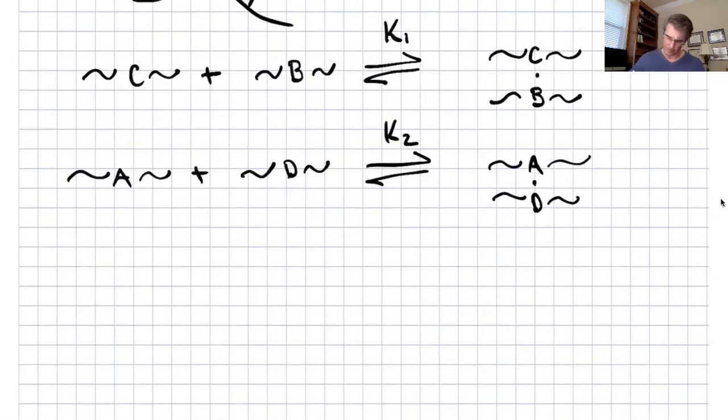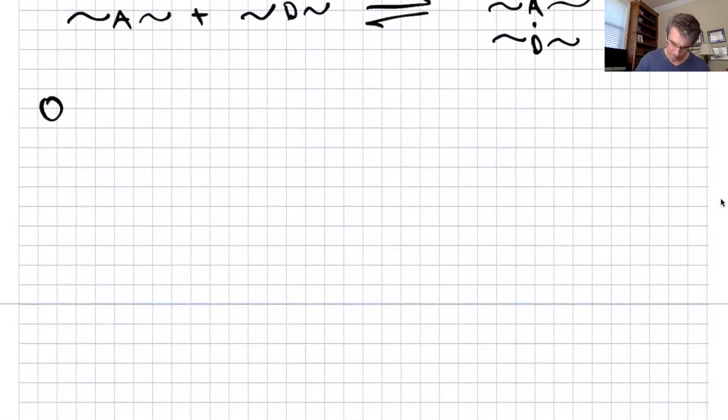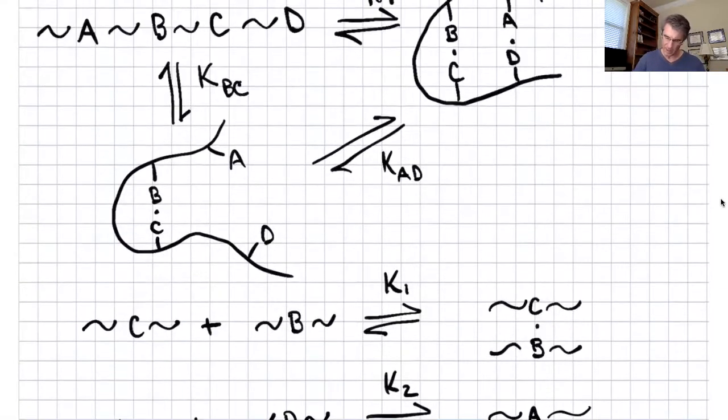So here's my question. KBC, remember, KBC is the equilibrium constant for formation of that hydrogen bond between the B and C amino acids in the context of the whole polypeptide.